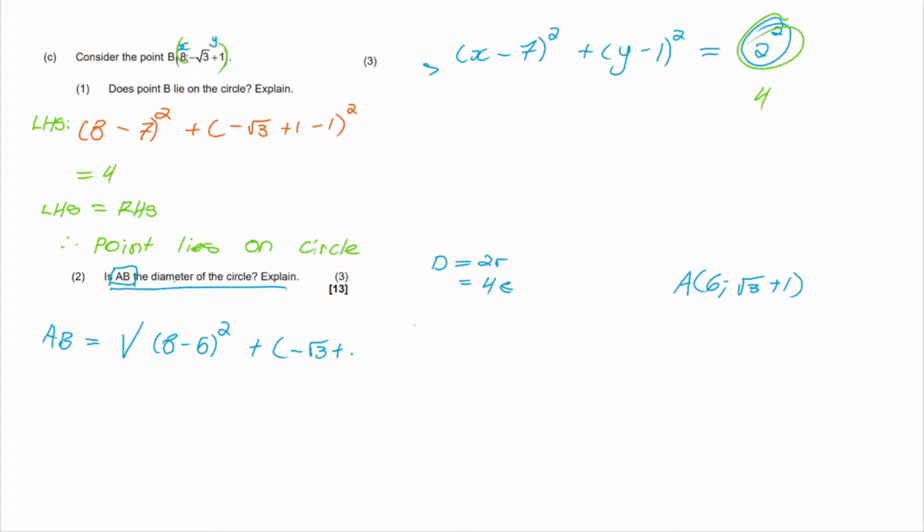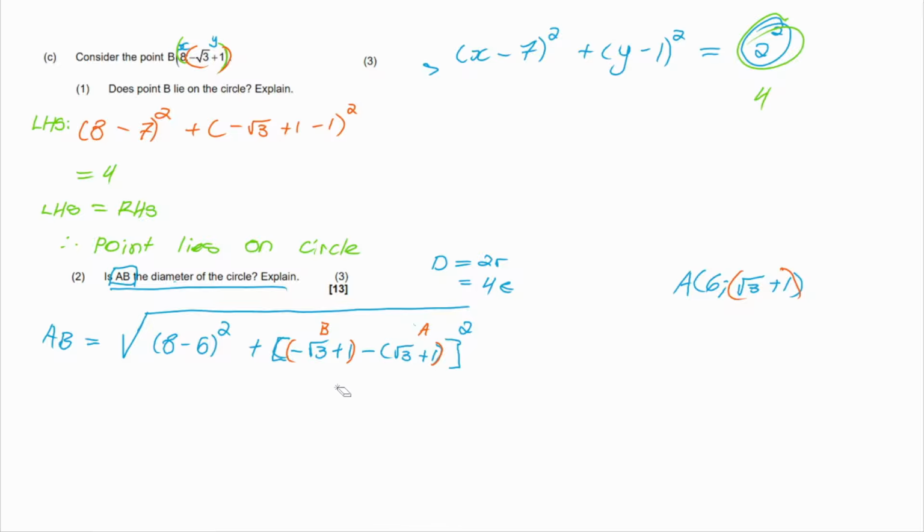I didn't write the plus 1, so let me do this in square brackets, minus root 3 plus 1, and then this whole thing squared. We need to be careful with how we apply that, because this comes from B, and this is the y coordinate of A, so we need to minus that. Don't just write minus 3 plus 1. It's actually going to be minus root 3 minus 1. Be careful with that.